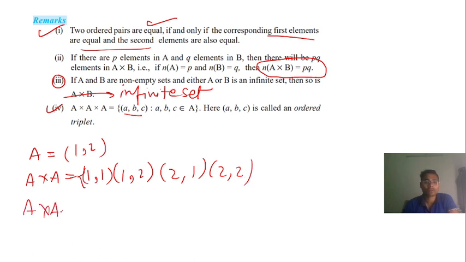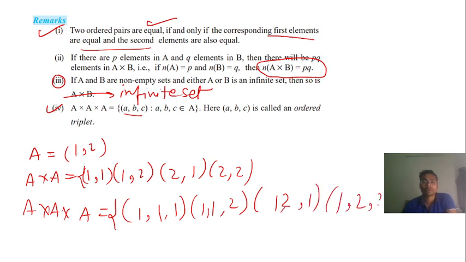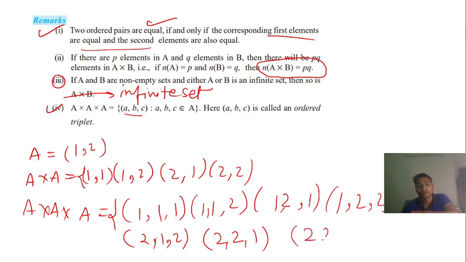Now we are doing A cross A cross A. So we get (1,1,1), then (1,1,2), then (1,2,1), then (1,2,2), then (2,1,1), then (2,1,2), then (2,2,1), and then (2,2,2).